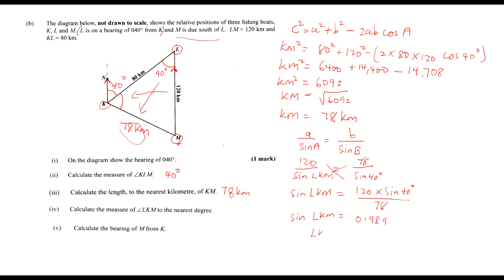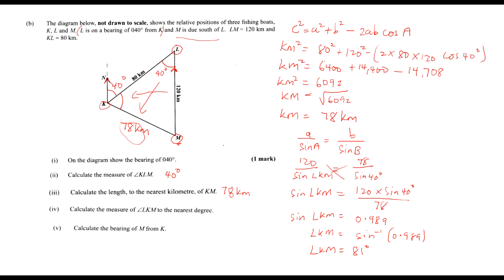So therefore LKM is sine inverse of 0.989. Therefore LKM is equal to, second function sine, and that gives me 81 degrees to the nearest degree.